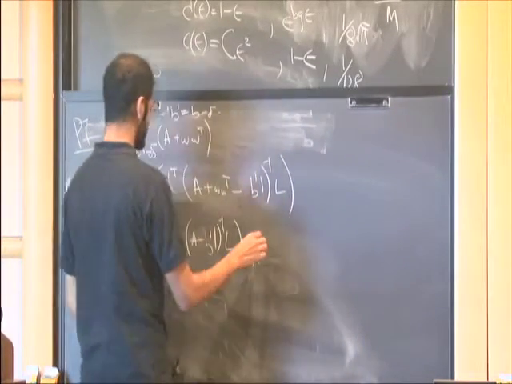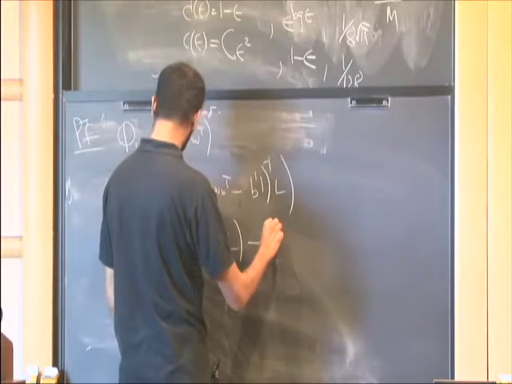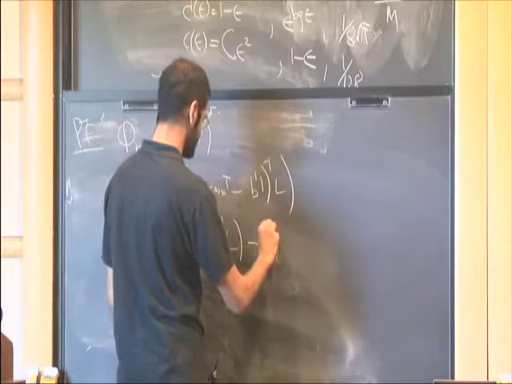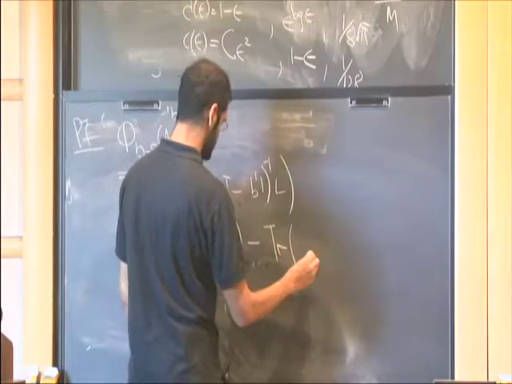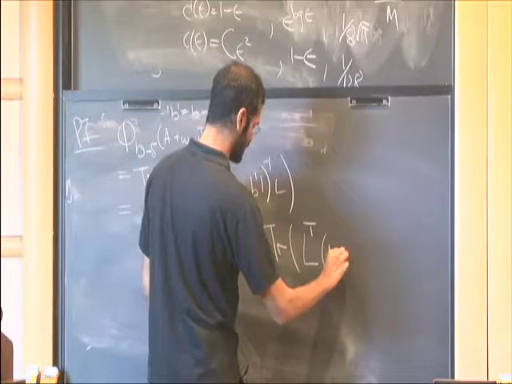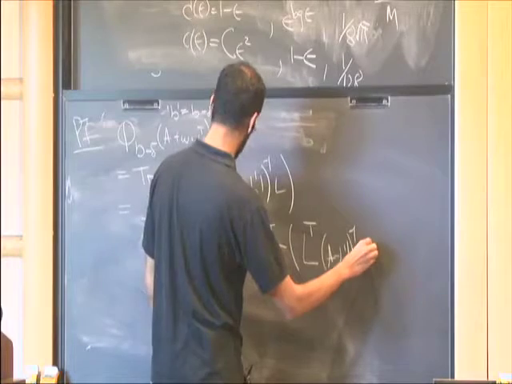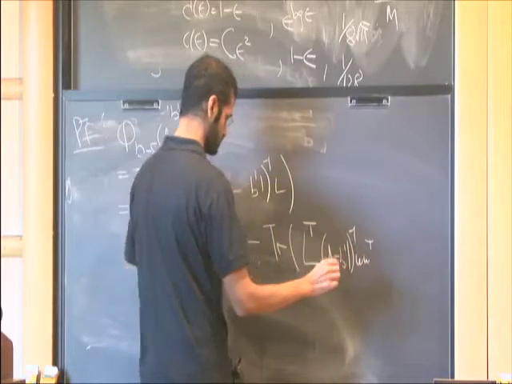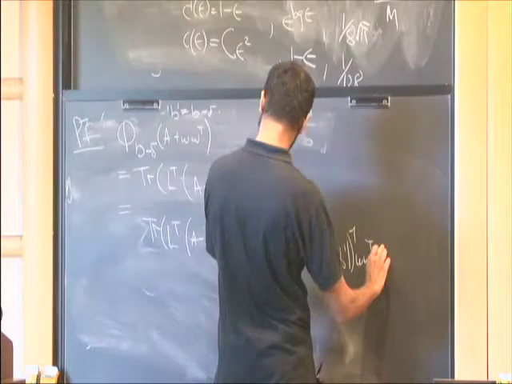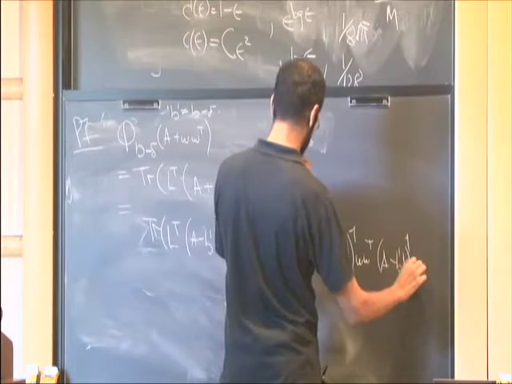Now here's where it gets a little different from the previous case. I get the trace of L transpose (A minus B prime I) inverse WW transpose (A minus B prime I) inverse L.